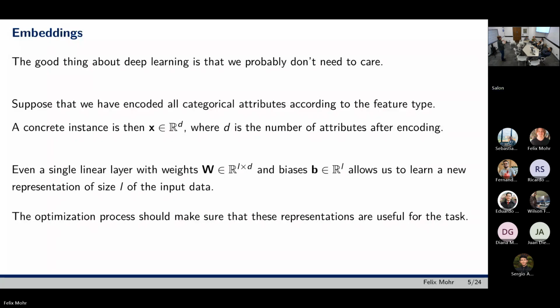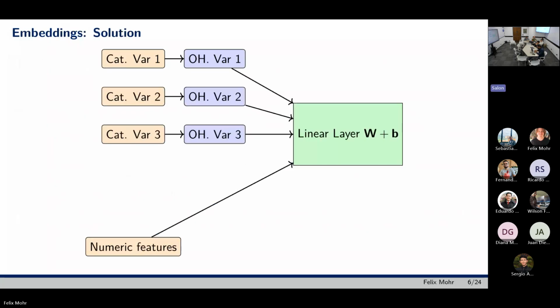Now, if you do a good job, maybe you make it easier for the network, which doesn't have to repair anything, but this shouldn't be necessary anymore. So you could even encode nominal features with integers, which is really not meaningful in general, so you shouldn't do it. But here, since we anyway learn new representations, it shouldn't be a problem. Okay.